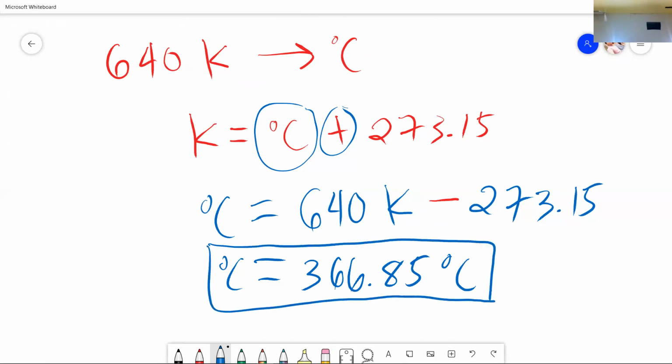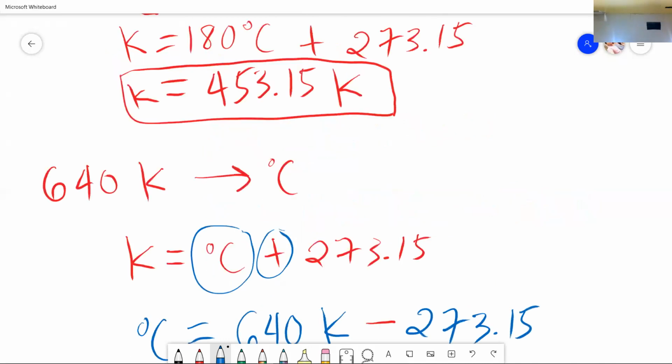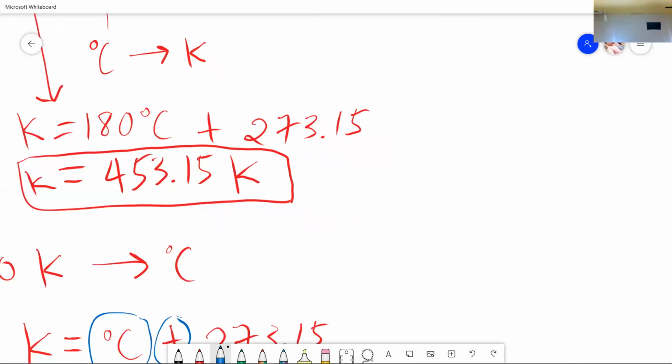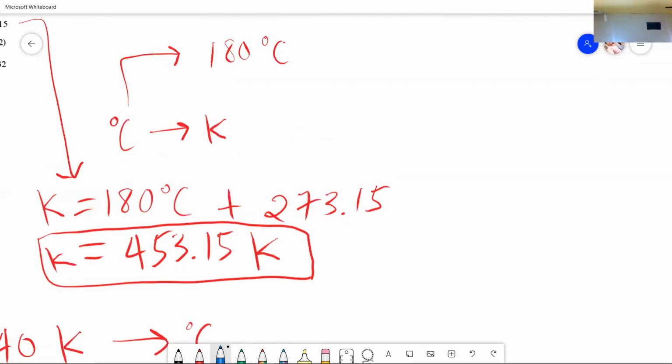And now let's check if our equation is correct. So, going back: Kelvin to degrees Celsius, using another color.